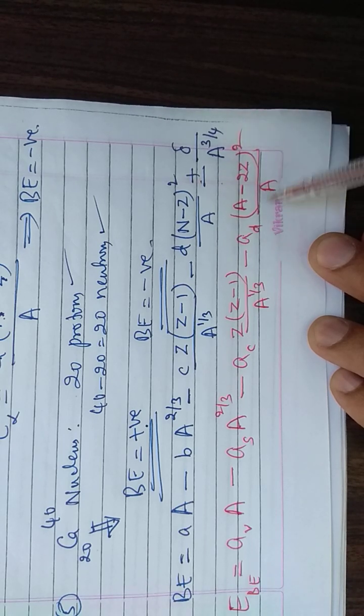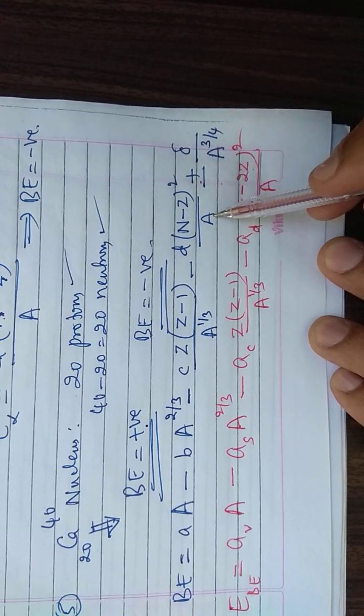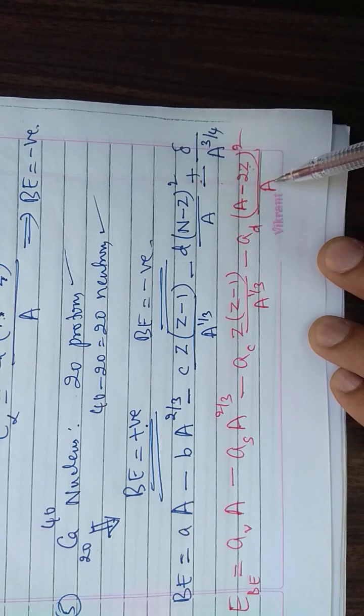N minus Z squared divided by A, or A minus 2Z whole squared divided by A, are one and the same.